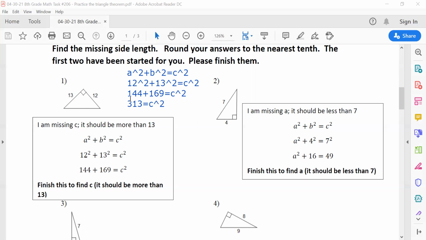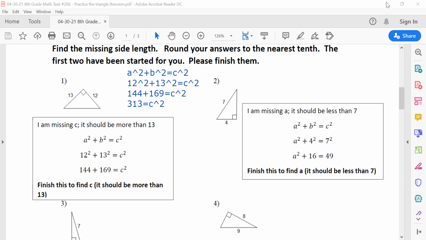So you take the square root of 313, and you can simply take out your calculator, and it's about 17.69 or about 17.7.